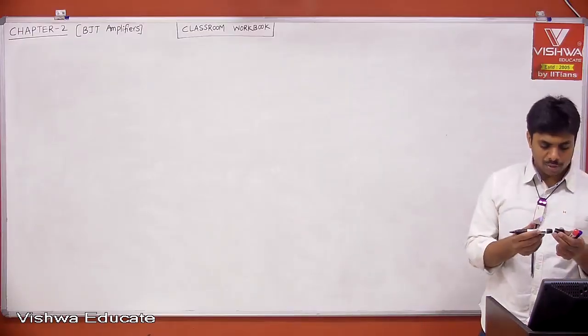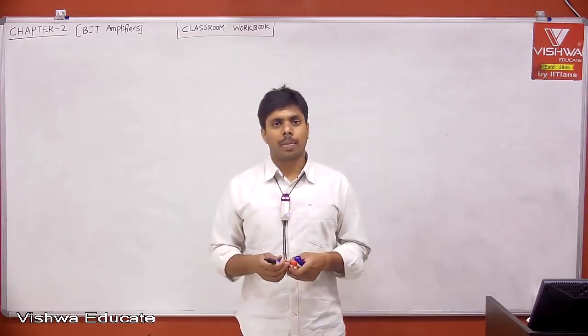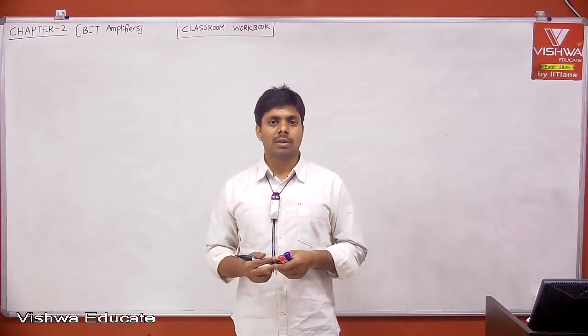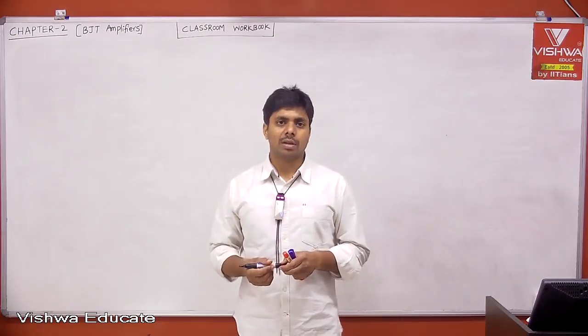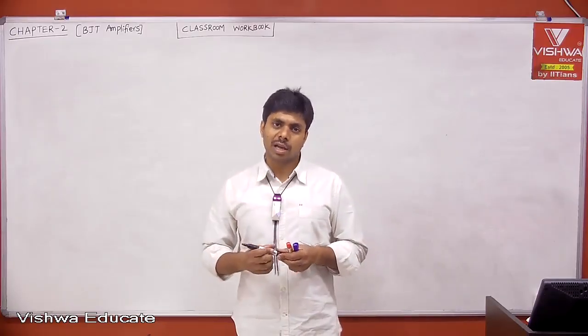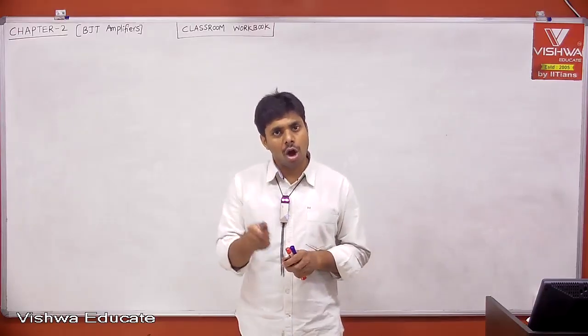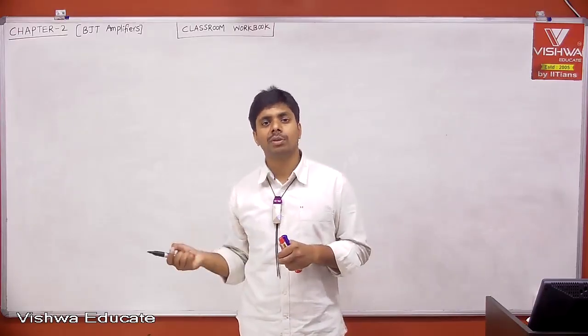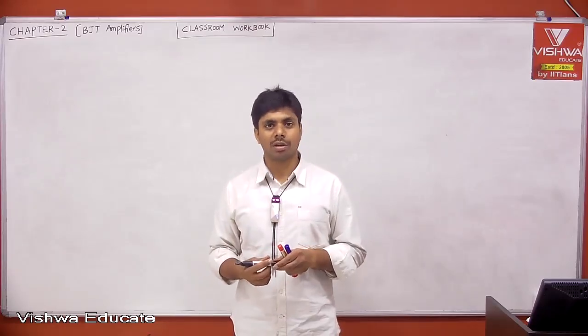Remember, this is a linked answer problem. What is a linked answer problem? For the second bit, the first bit answer is required. Means, if you solve the first bit correctly, then only the second bit will be correct. If the first bit is wrong, because the first bit answer is the input to the second bit, surely the second bit also will be wrong.